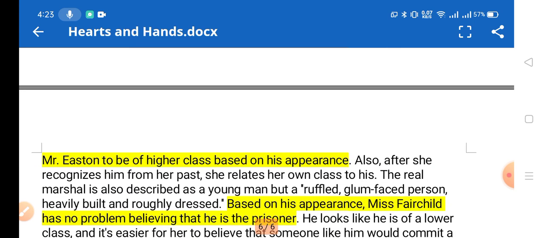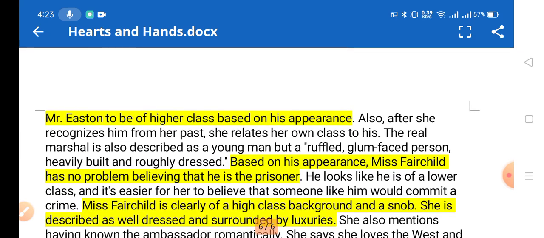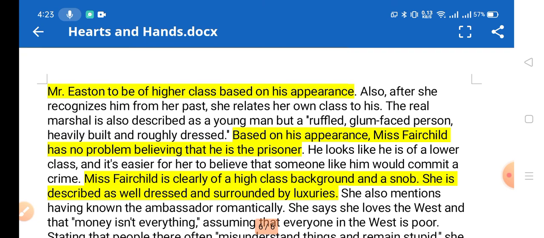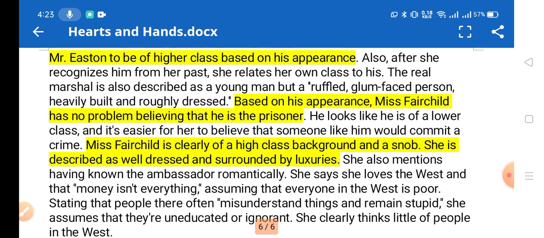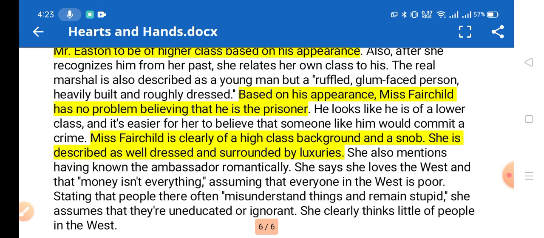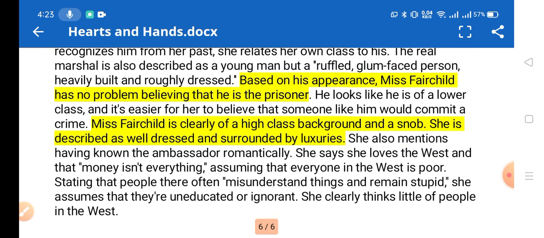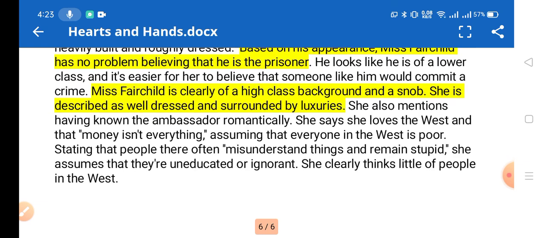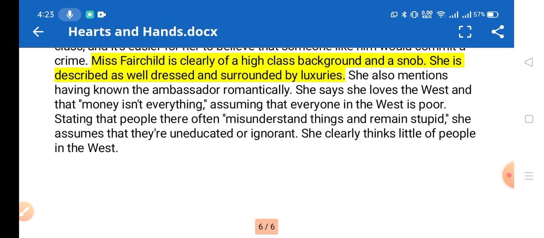And she is also described as belonging to a higher class, as she dresses elegantly. So class distinction is the way we judge people on the basis of their appearance and clothes, and assume what class they belong to.